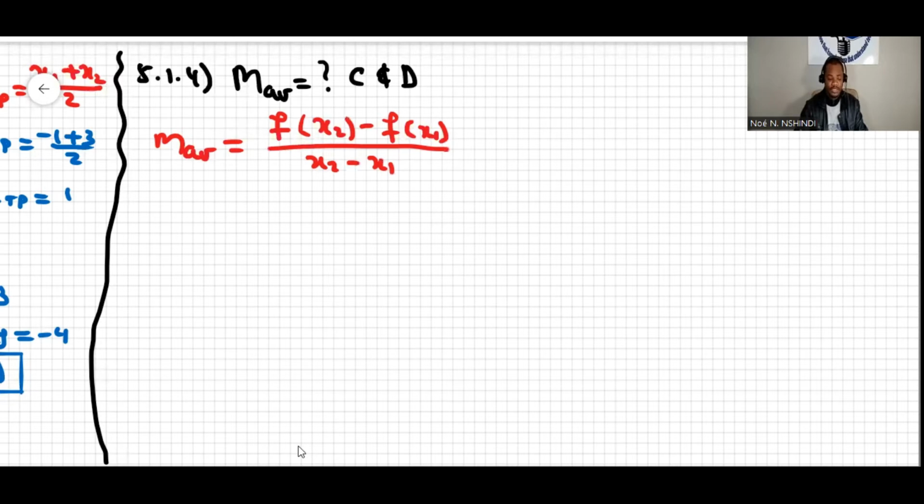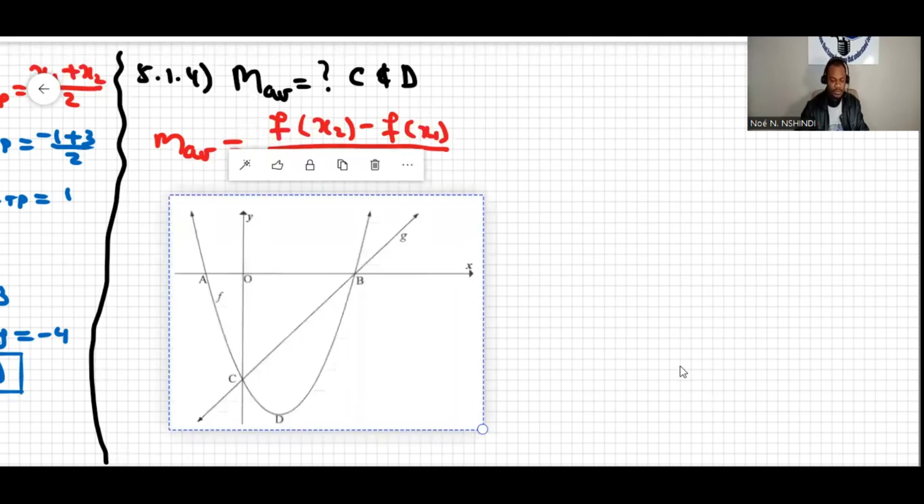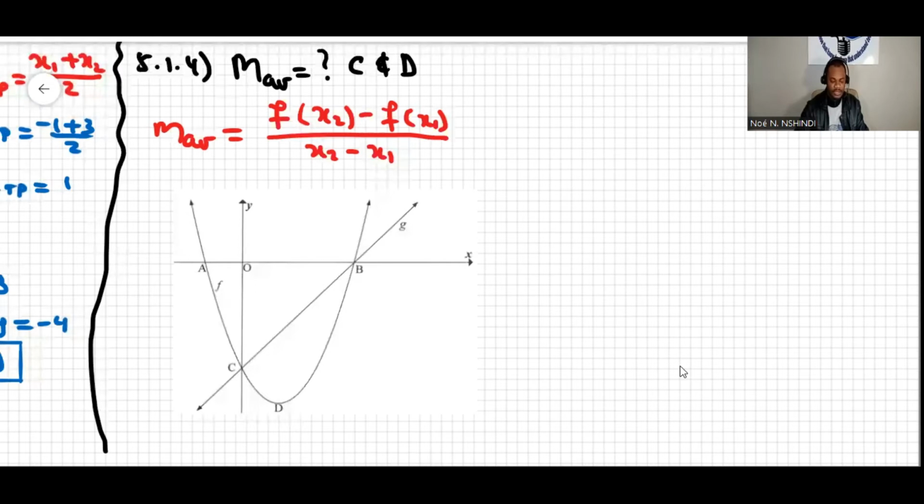So in this situation, I'll take my points. Let's first see the graph again. We have the points C and D there. Earlier we found that C was (0, -3) and that D is the point (1, -4). So if I need to work it out, the average gradient M average would be f of x2 minus f of x1, where y1 is f of x1 and y2 is f of x2.